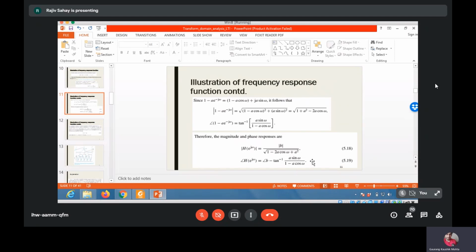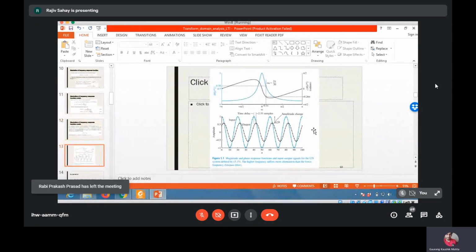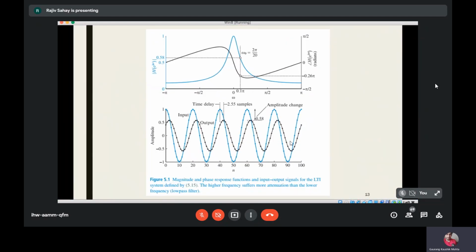And if you look at the phase, it is getting offset by a particular number, and that number is given by the phase function here. That is 0.1 pi at omega naught equal to 2 pi by 20. If you divide this by omega naught, you will get 2.55 samples. So this is the delay in the phase that the input sinusoid undergoes as it passes through the LTI system.